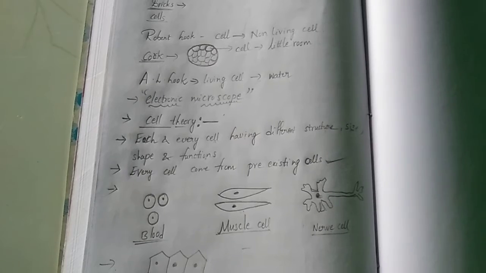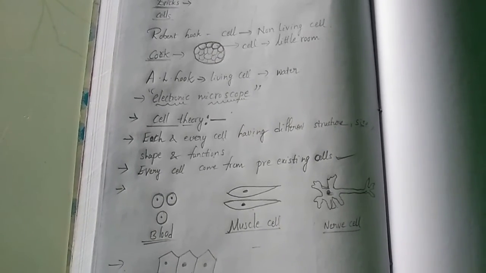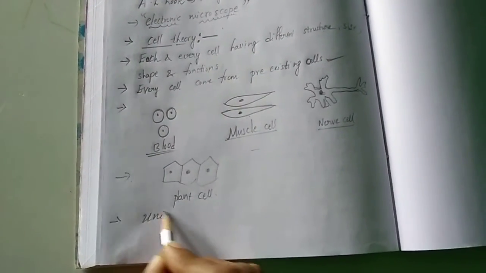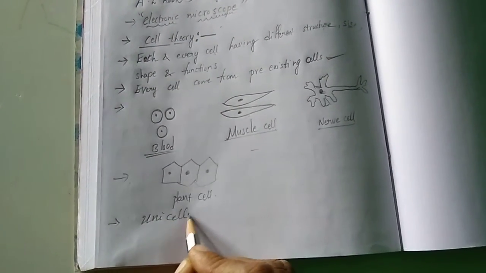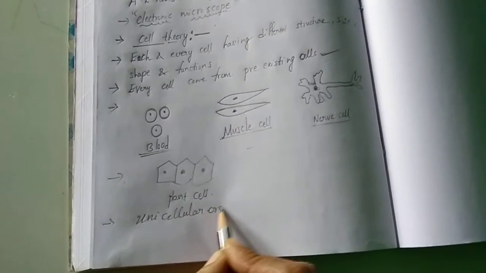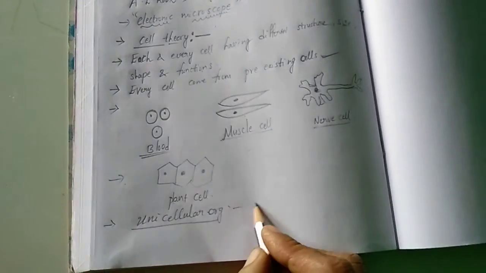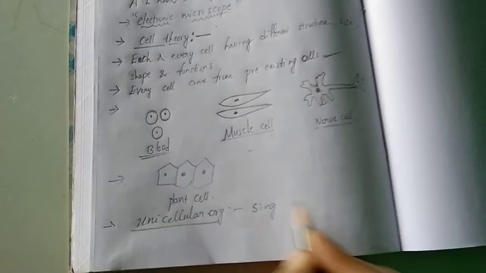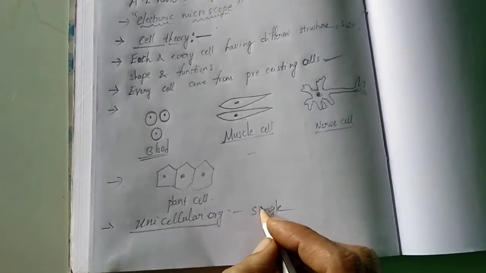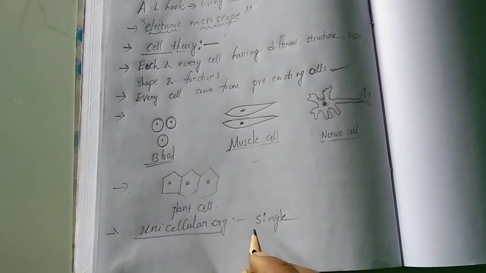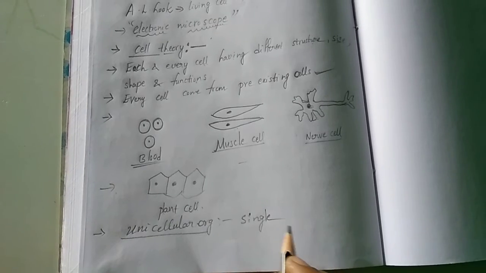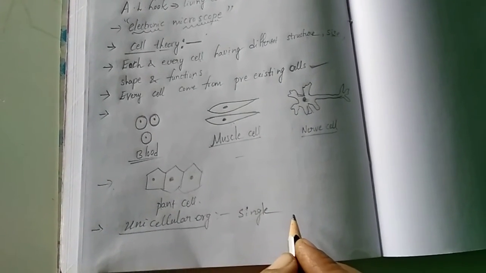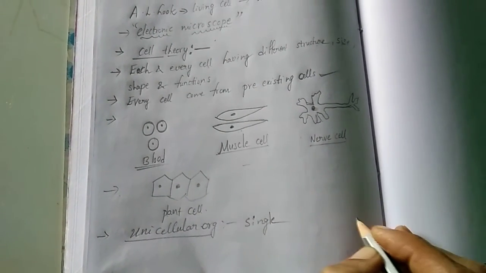And at last, unicellular and multicellular organisms. So what is meant by unicellular and multicellular organisms? See, uni means single. Uni means single, meaning only one cell will be there in the living organism.